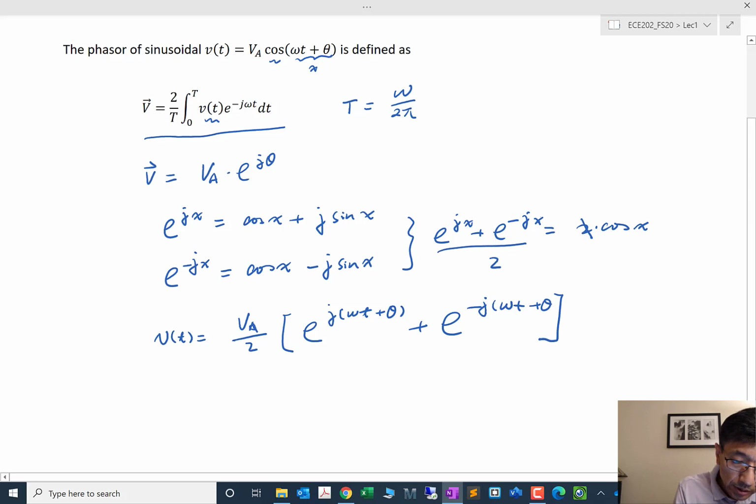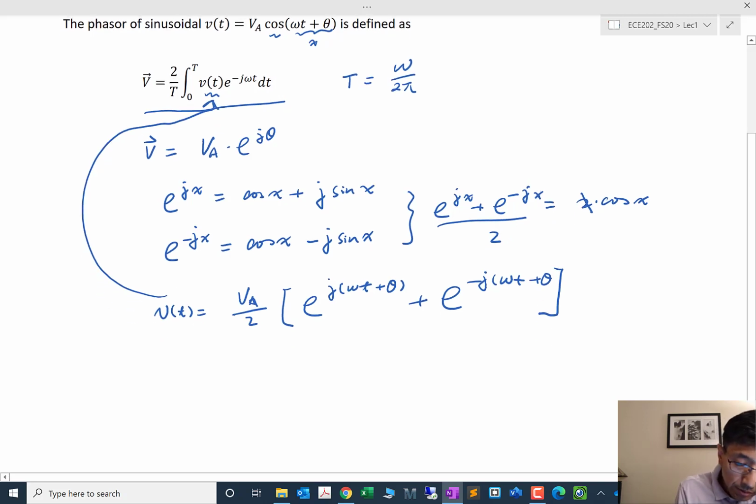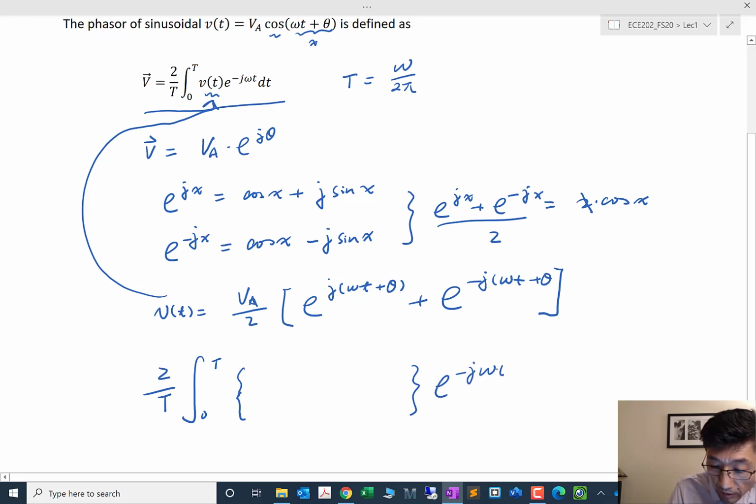And now we substitute this back into the definition. So now we integrate this, 1 over T, from 0 to T. I just copy the whole thing here, and I use the braces. Oh no, we need to multiply by e to the minus j omega t and the dt. Right, you drop the whole thing here.